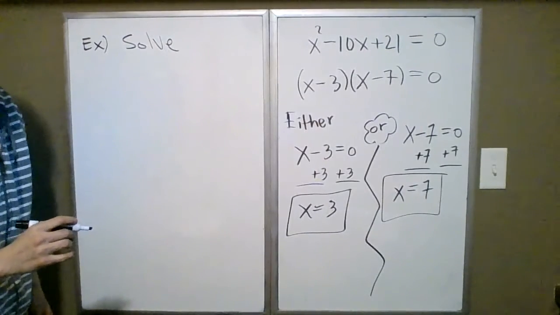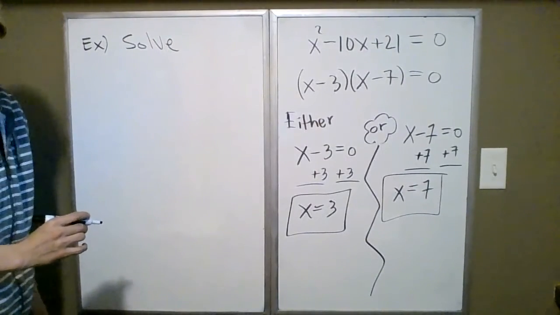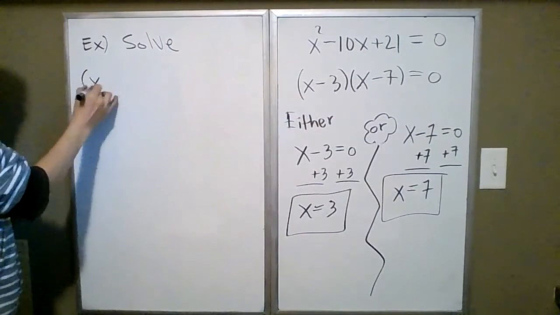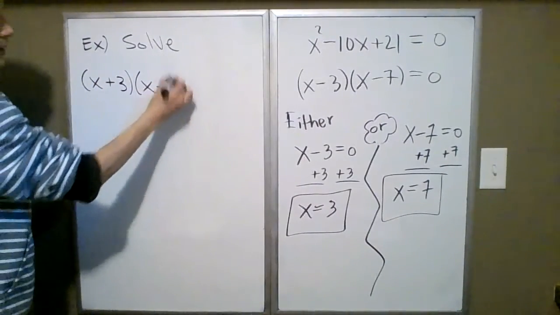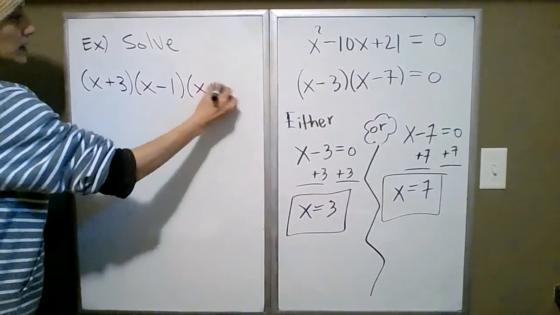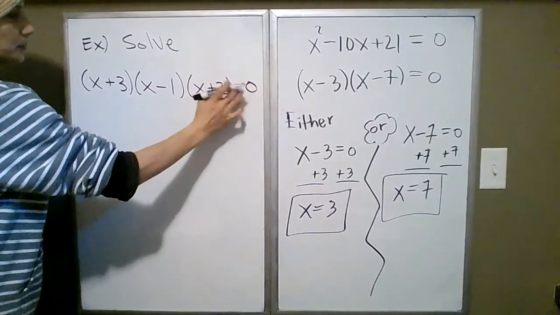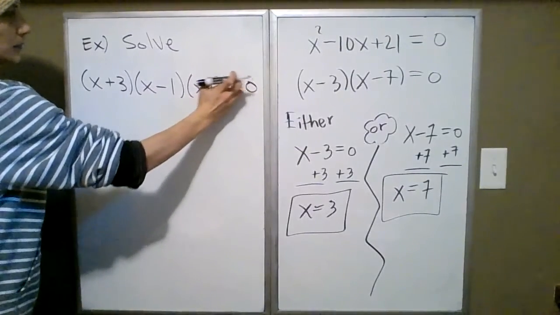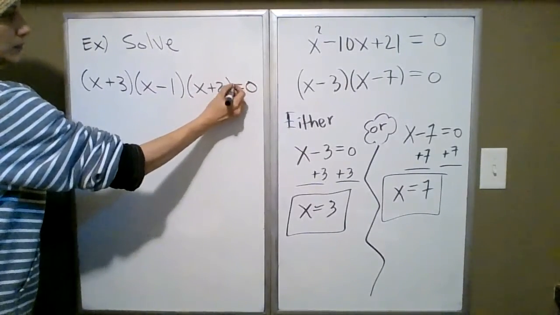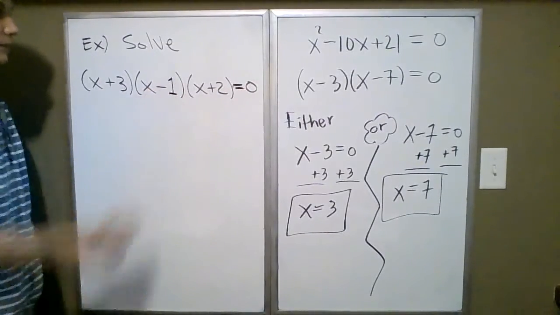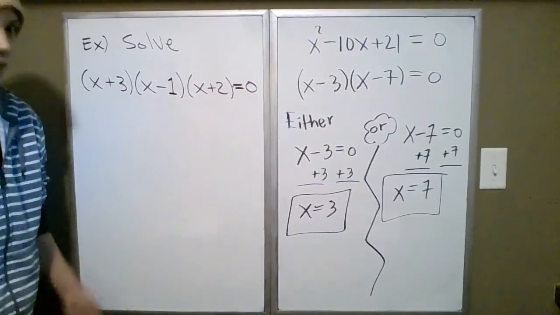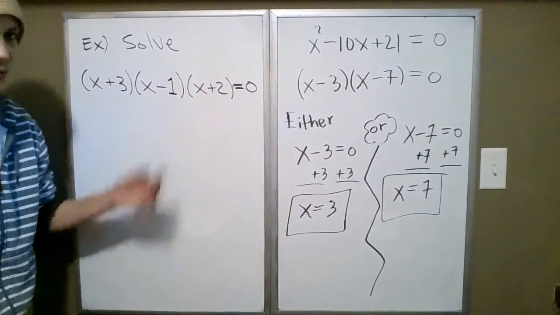Okay, this time we're going to look at x plus 3 times x minus 1 times x plus 2 equals 0. So it's the same thing from before.